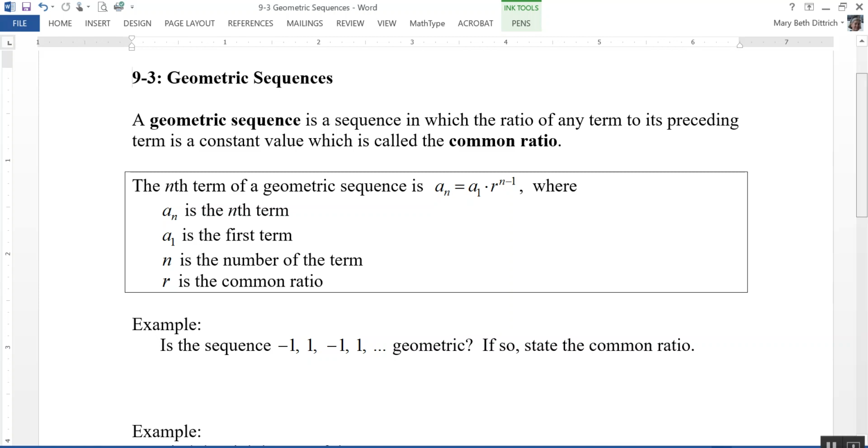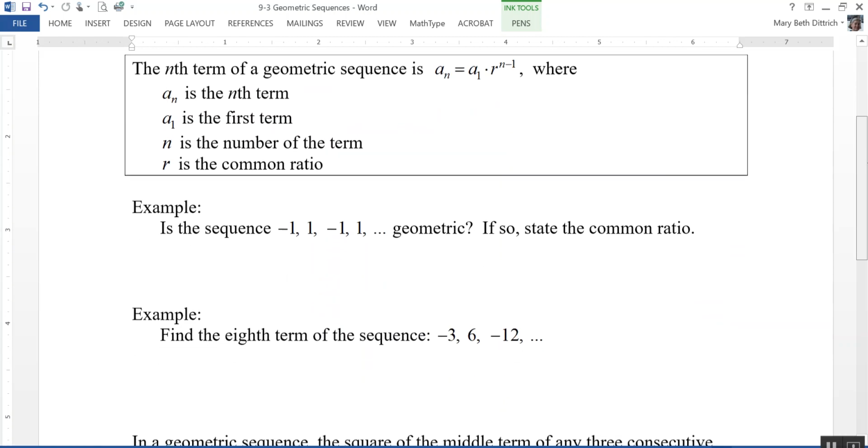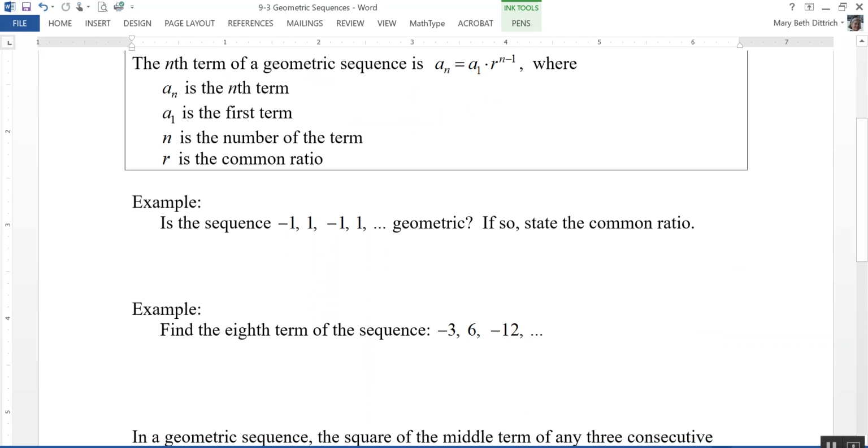Let's take a look at a couple examples. Our first one says, is the sequence negative 1, 1, negative 1, 1, and so on geometric? If so, state the common ratio. In other words, is the second term divided by the first term the same as the third term divided by the second term, and so on? So 1 over negative 1, the second term divided by the first term, is equal to negative 1.